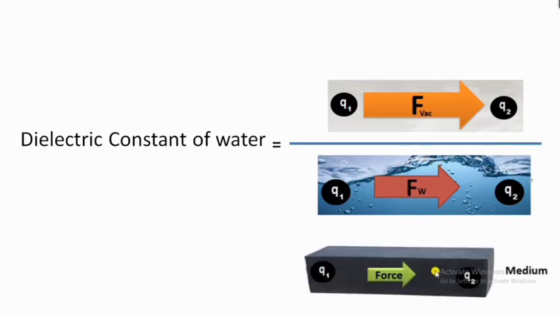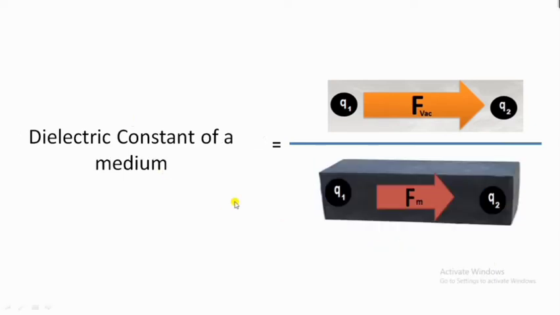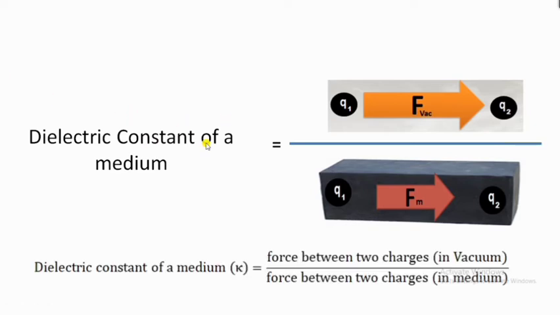So suppose you want to know the dielectric constant of any medium, then we divide the force between these two charges in vacuum by the force between these two charges in that medium. So this is the definition of dielectric constant or relative permittivity.